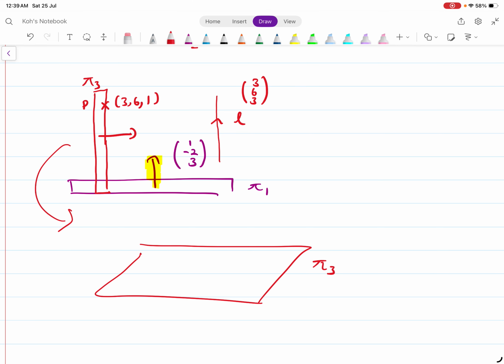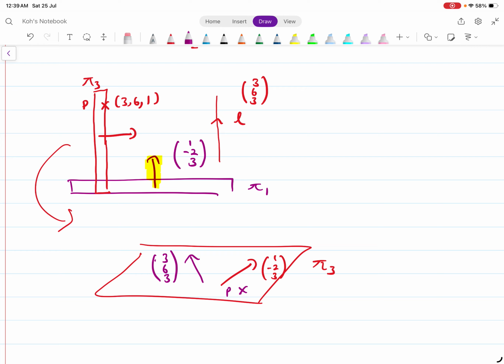This is (1, -2, 3). Then there's one more: they say plane pi 3 is parallel to (3, 6, 3). So we've got two direction vectors. Then of course we've got a point P, one position vector.